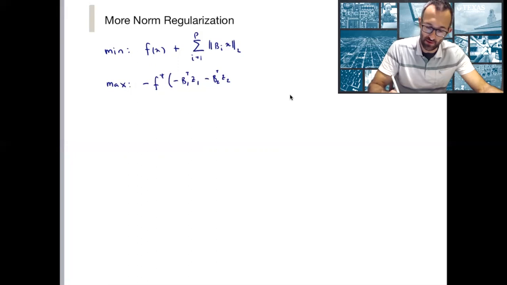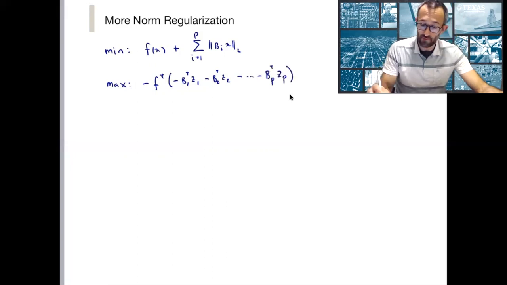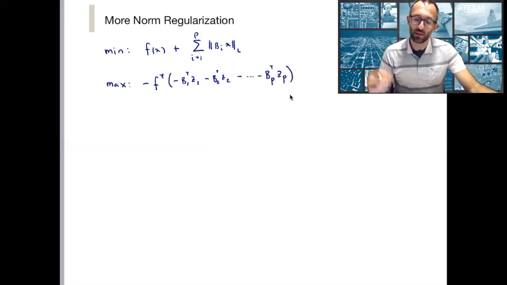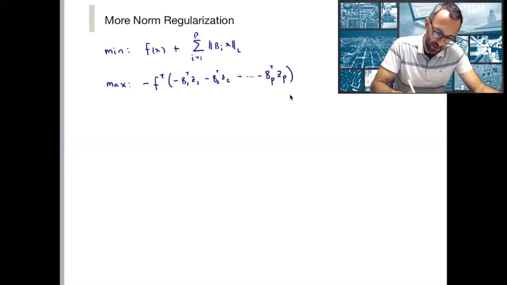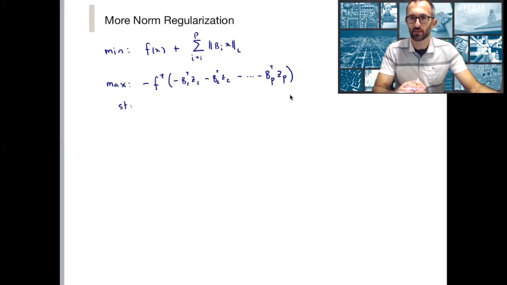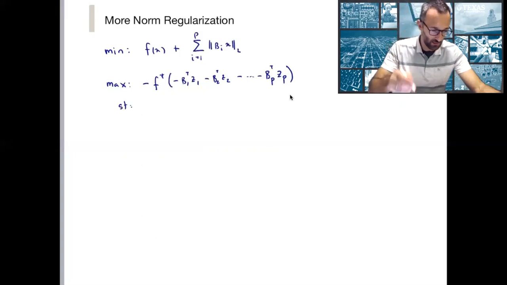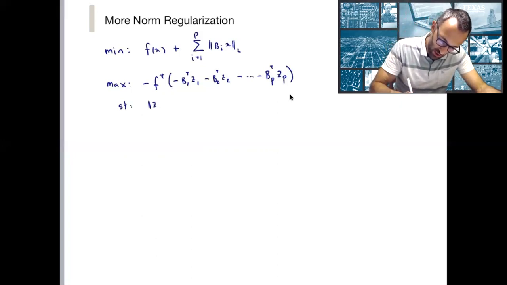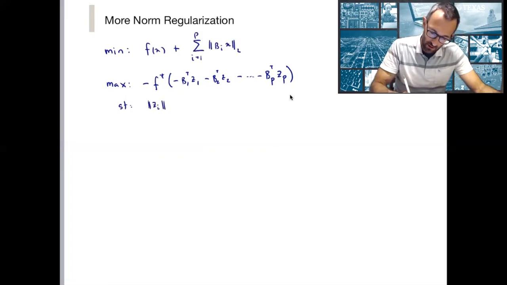I've got p of these, so I therefore have p dual variables z1 through zp, each one of these a vector, subject to a dual norm constraint. Since I wrote down the two norm, which recall is self-dual, my constraint is that each of the z_i's is in the unit Euclidean ball.